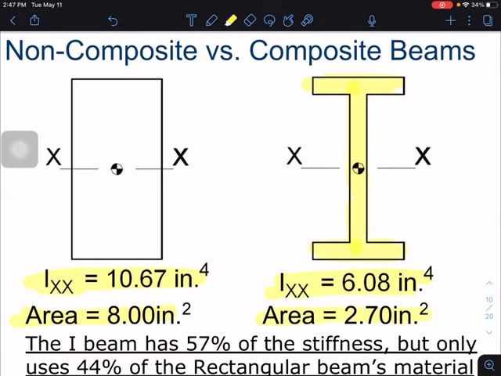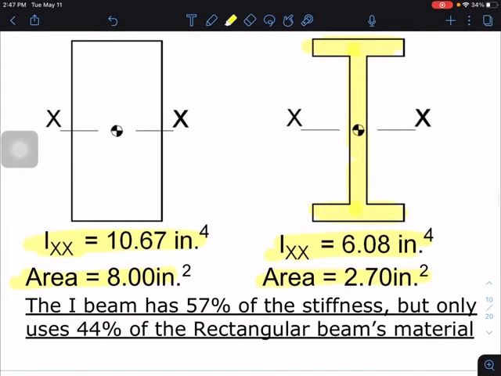So if we compare the moment of inertia, the I-beam has 57% of the stiffness, okay? But it only uses 44% of the rectangular beam's material.